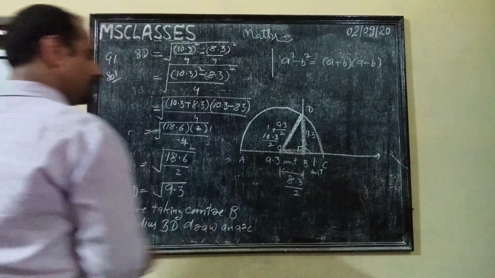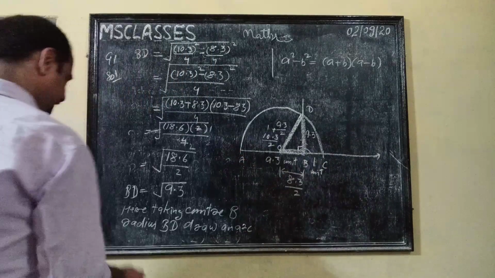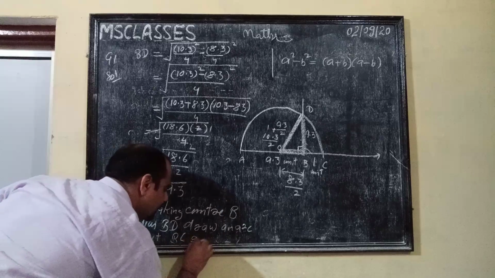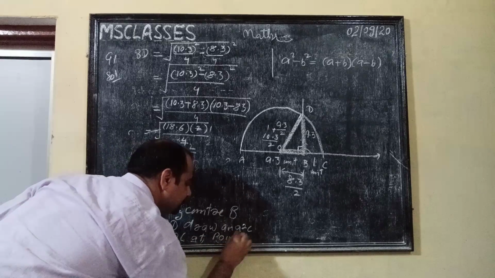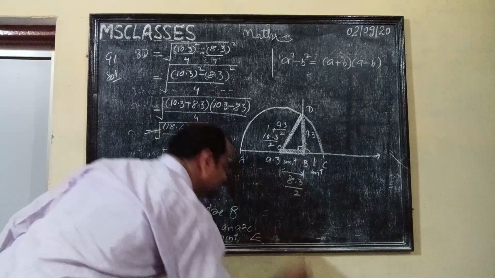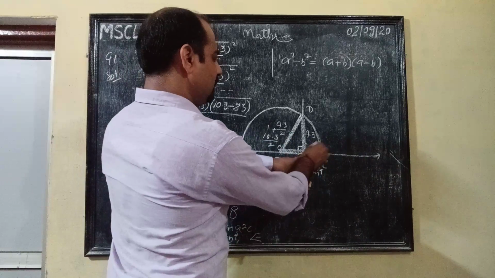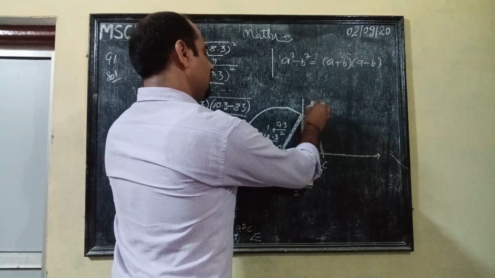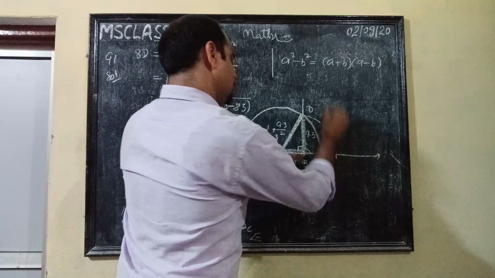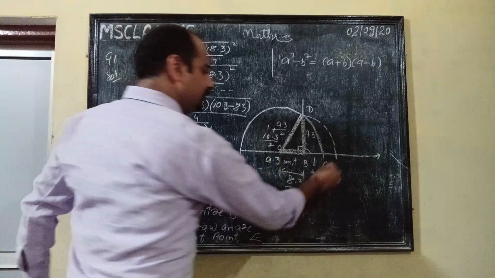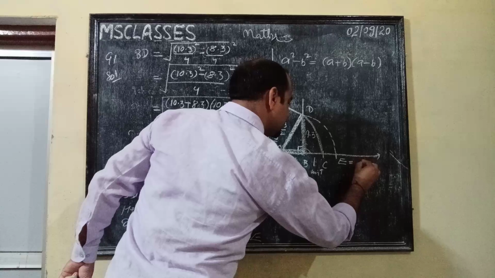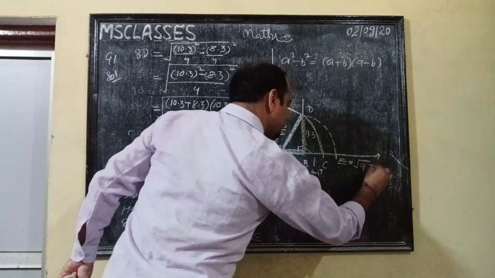It cut BC at point E. So taking center B, your radius BD, draw an arc. It cut AC at point E, and this E point represent under root 9.3.